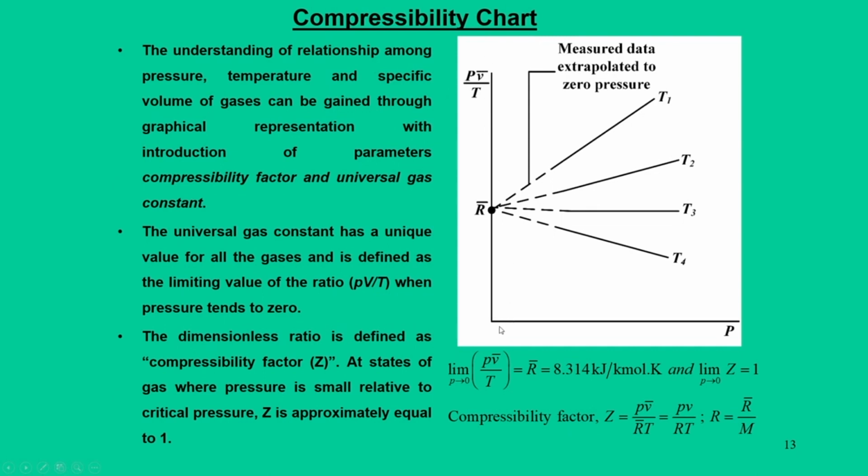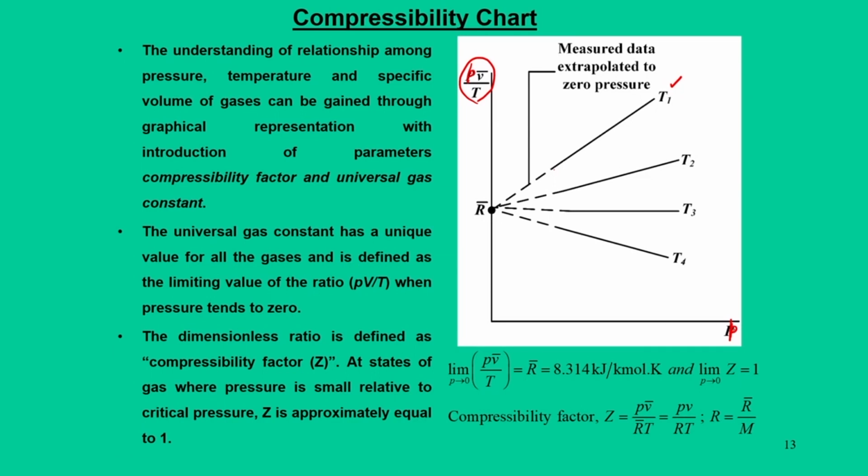This compressibility chart is defined from all the experimental evidence for all the gases. To start with, we take two parameters: one is PV bar by T, where V bar is the molar specific volume, and the other is P. For a given gas at temperature T1, we can find these values and plot them.